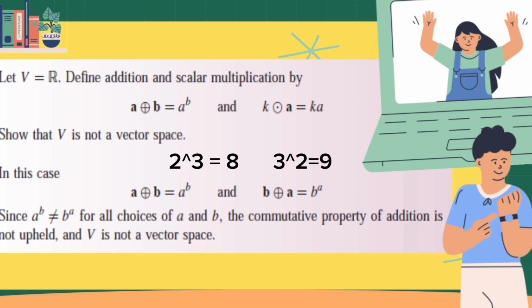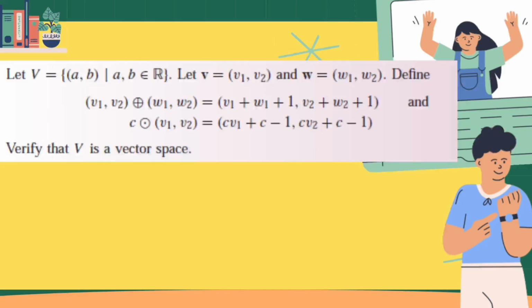For example, 2 cubed is equal to 8, but 3 squared is equal to 9. So 8 is not equal to 9. The commutativity property fails immediately. Therefore, this is not a vector space.